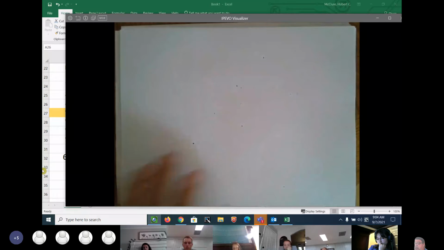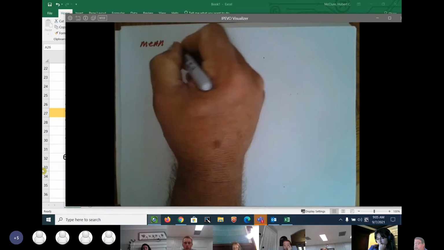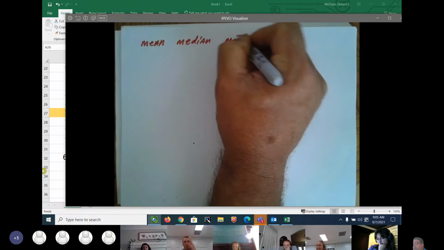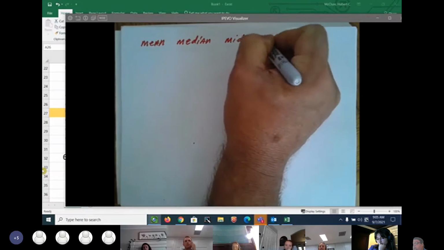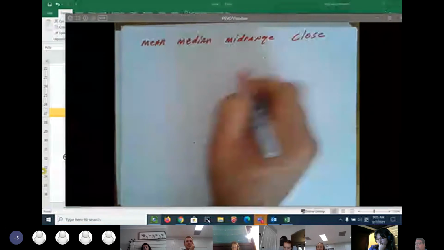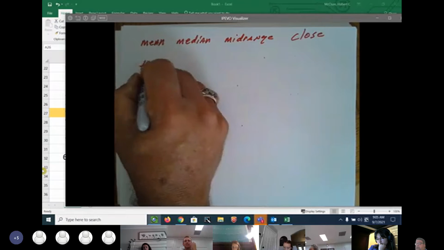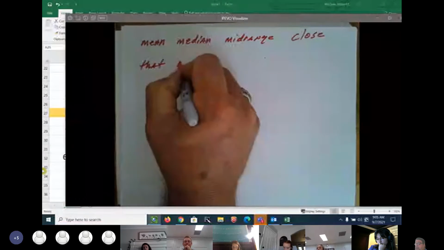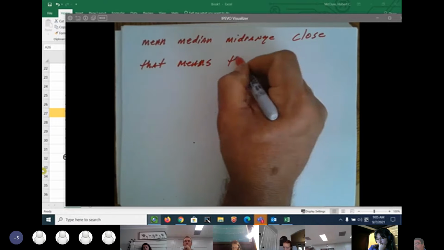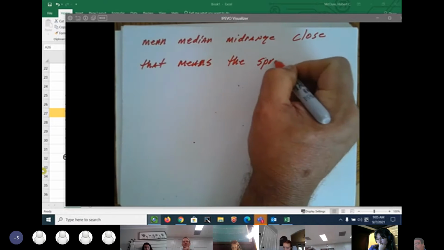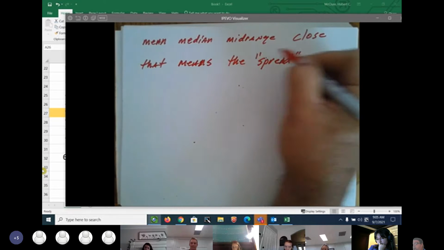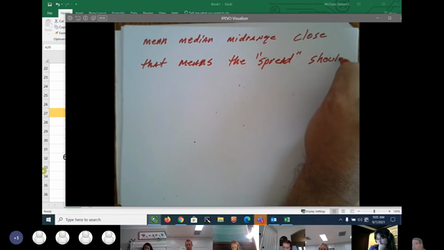If the mean, the median, and the mid-range are close, that means the spread, or the standard deviation, should be low.